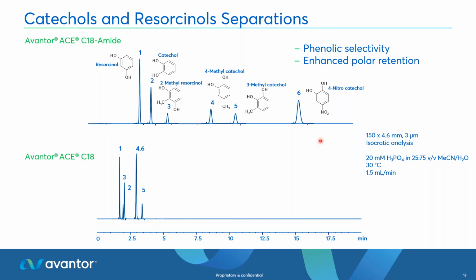So that polar embedded type phase is a good alternative if you've got, I mean here, aromatic rings, if you've got shape differences. So these are steric isomers, you can see the difference in the OH groups, on the methyl groups, and therefore that phase gives you some nice shape selectivity as well.